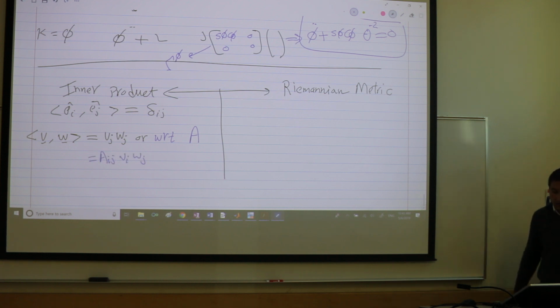Okay? Obviously, in order for this to be a dot product, this matrix has to be a symmetric and positive definite matrix, okay? So if you want to write it the way I like, this is a row times the matrix A times the column W, okay?